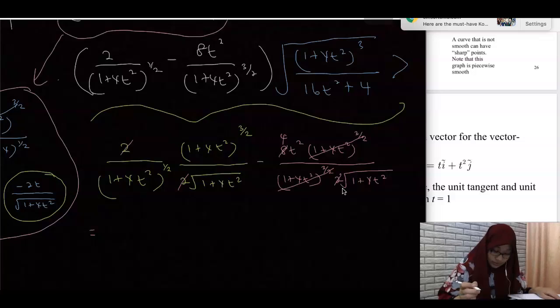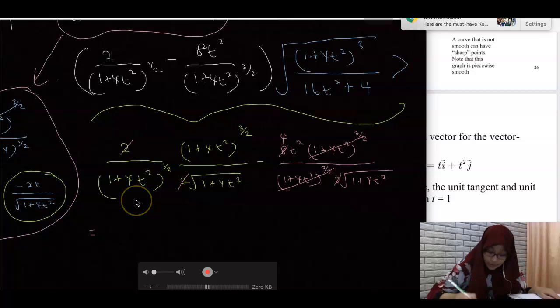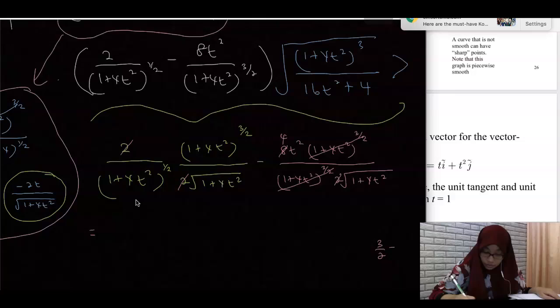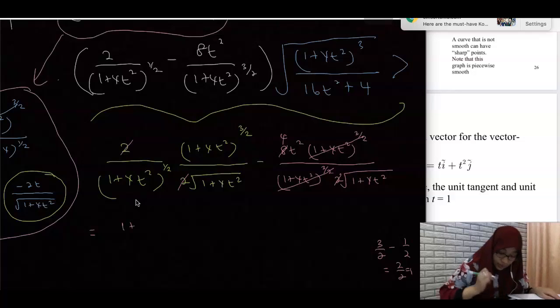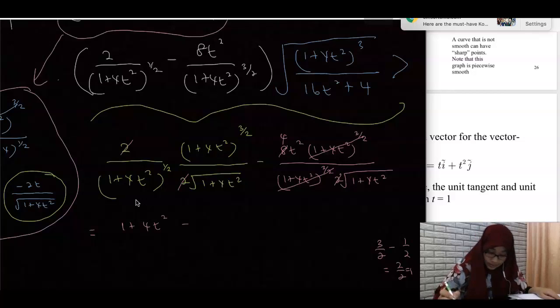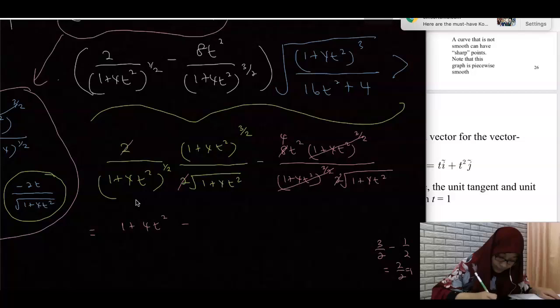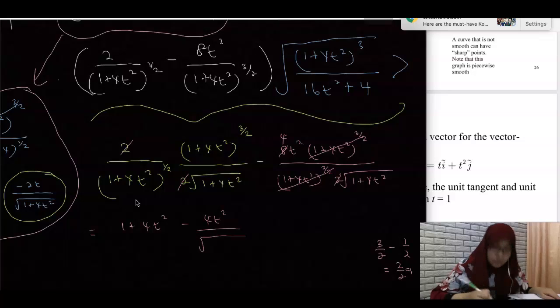So this can be simplified. We have 3 over 2 minus 1 over 2, which gives 2 over 2, and that becomes 1. So we have just 1 plus 4t squared minus 4t squared over the square root of 1 plus 4t squared.